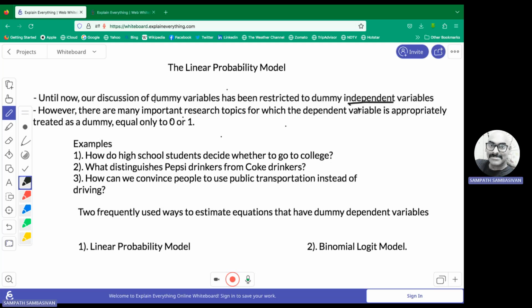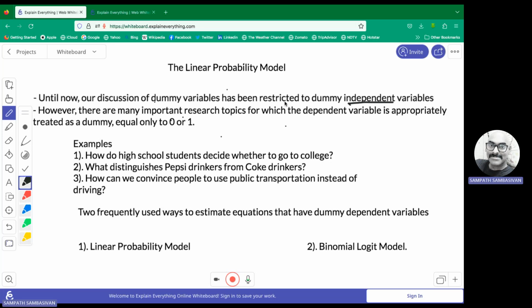Fundamentally, in all the models and examples I've mentioned in the previous recordings, these dummy variables usually appear as independent variables. So there arises a question whether there can be cases where dummy variables can appear as a dependent variable. The answer is yes, right?